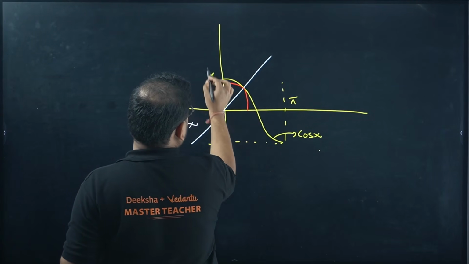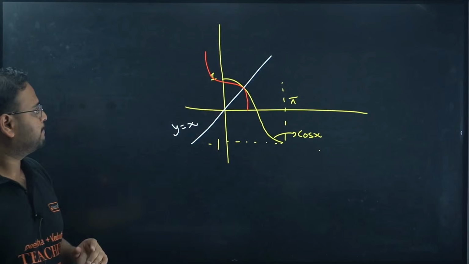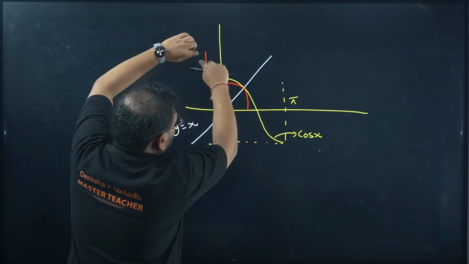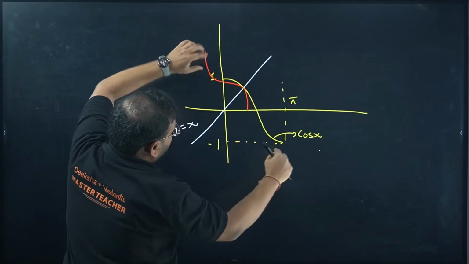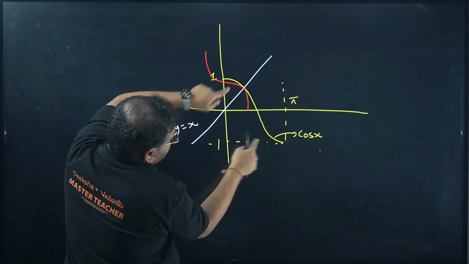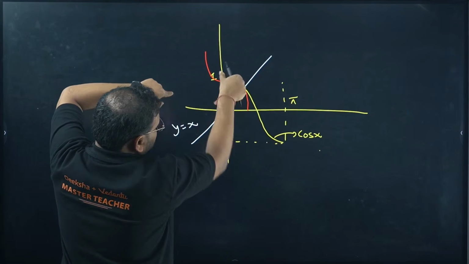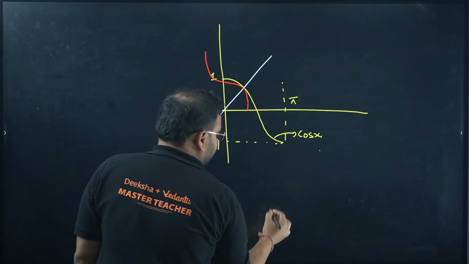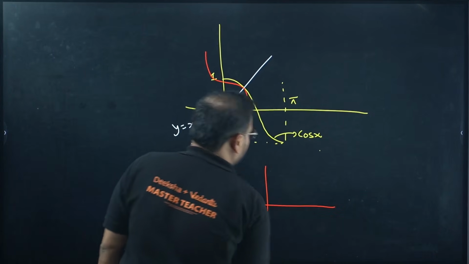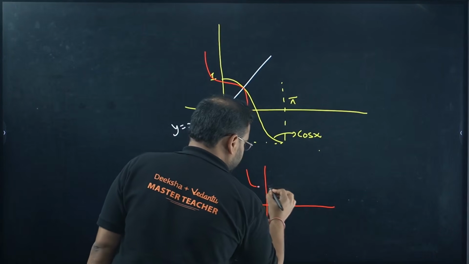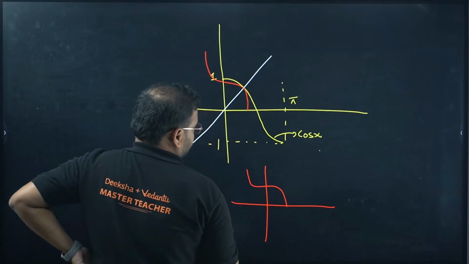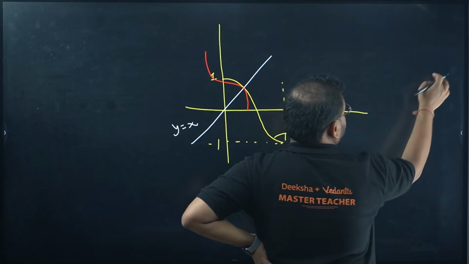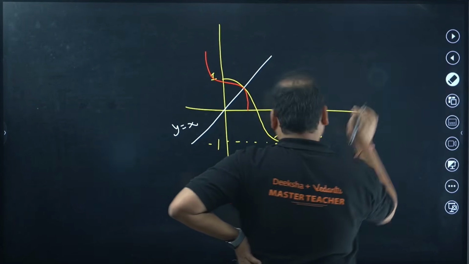Something like this. Check, this red part is the image of this part, and this smaller red part is the image of this other smaller one. So if I draw the graph separately, I get a curve like this. This is not a straight line, my bad, that's how it looks.